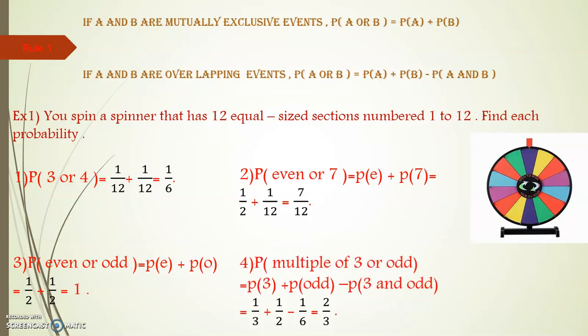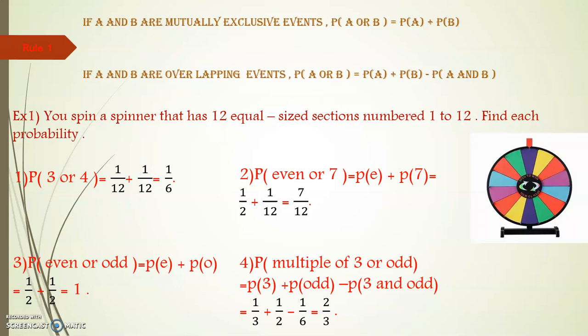Number 4, probability of multiple of 3 or odd. First, find the probability of a multiple of 3. Multiples of 3 are 3, 6, 9 and 12. The probability of odd is half, as counting odd numbers gives 6 divided by 12.